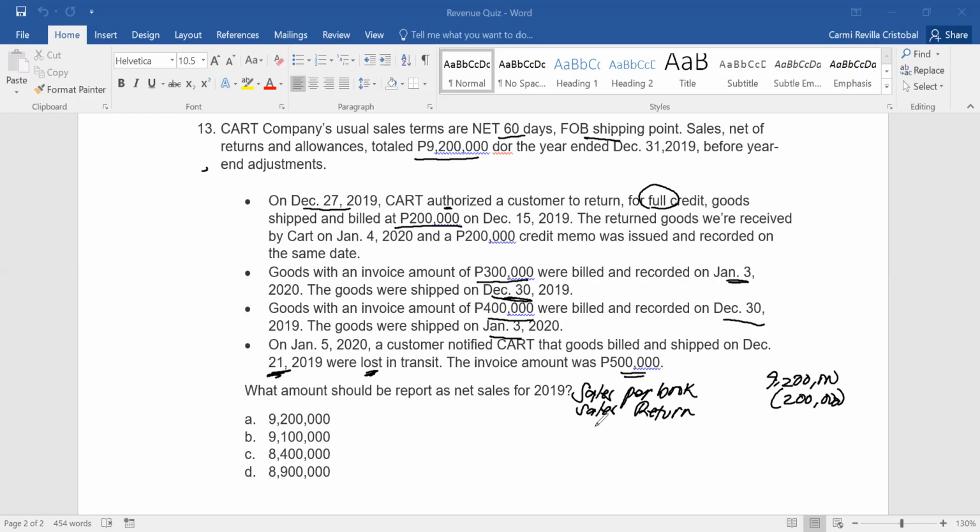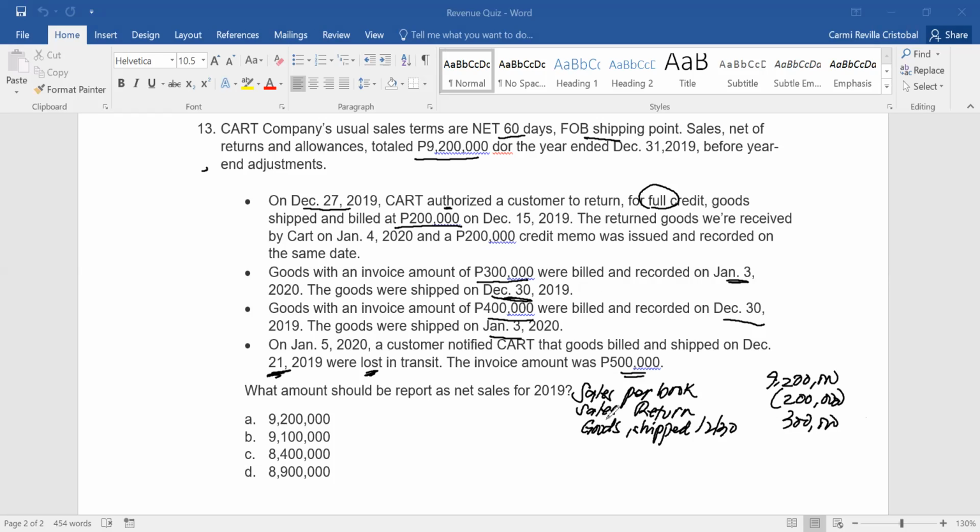Okay, next, goods with an invoice amount of 300. Okay, may 300. Pero kailan siya ni-record? January. Pero kailan siya shinip? What's important here is the shipping. December 30. Pero January 3 ni-record. Dapat December kasi na-ship mo siya noong December 30.